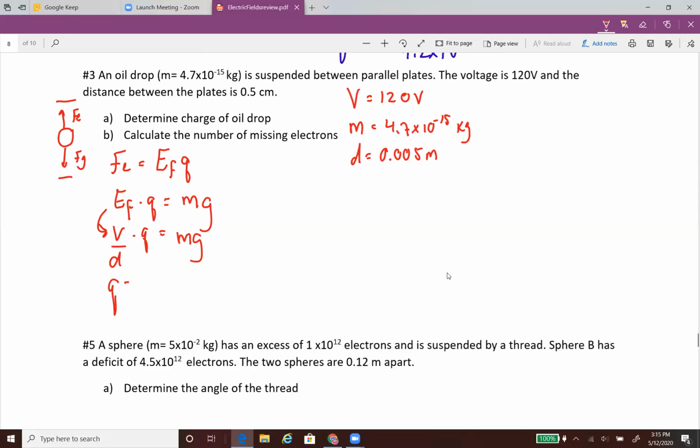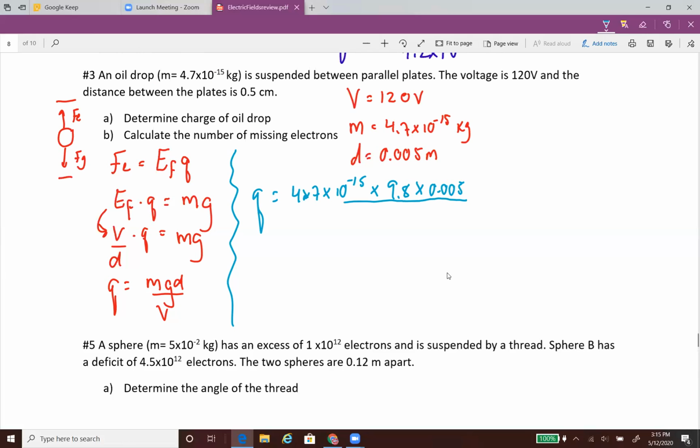Obviously we're going to isolate for Q. So Q would be mgd over V. Q would be the mass, 4.7 times 10 to the minus 15, times g, times the distance, over the voltage.